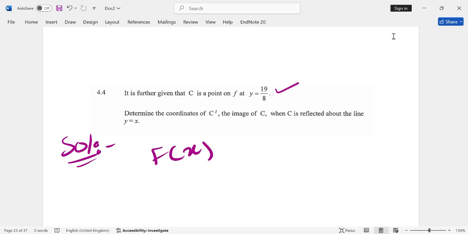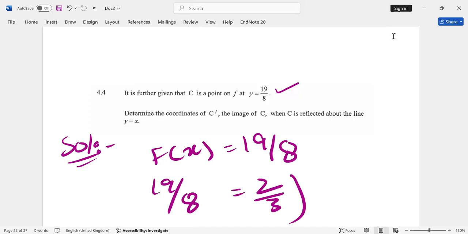So f of x equals 19/8, and 19/8 equals (2/3) to the power of x minus 1.